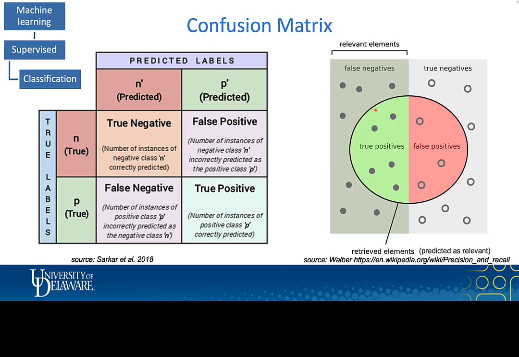And then within this circle, we have what has been predicted as relevant by the model. So in this set, we may have true positives, things that are predicted as relevant or positive, and they are actually labeled as such.